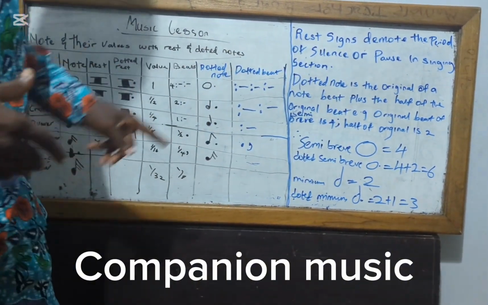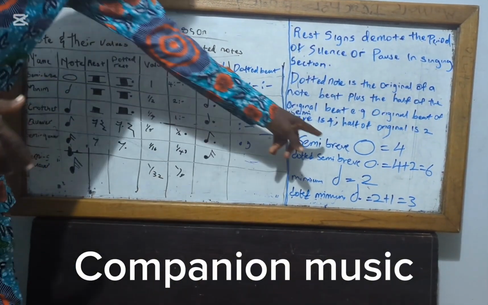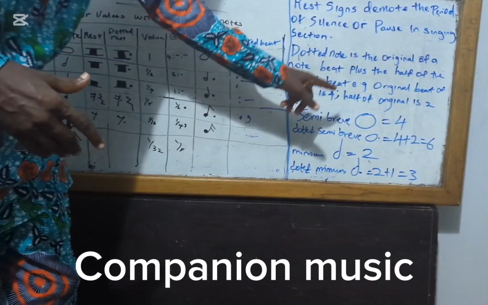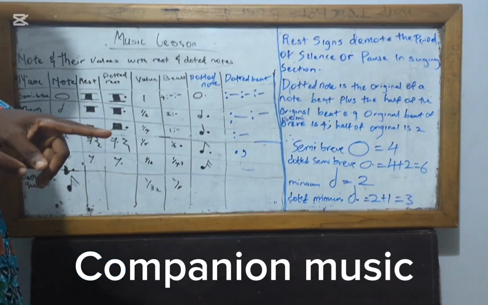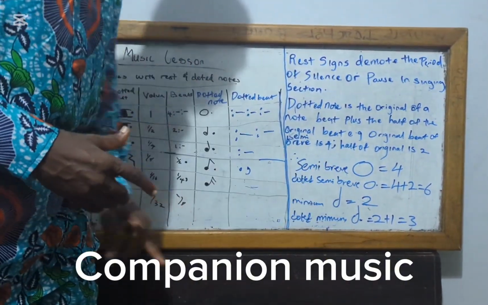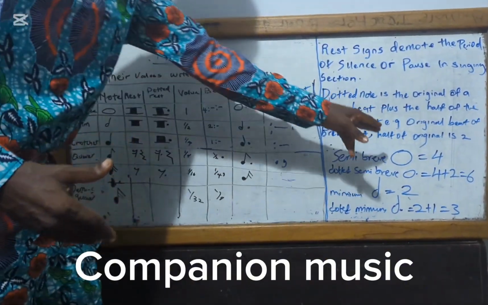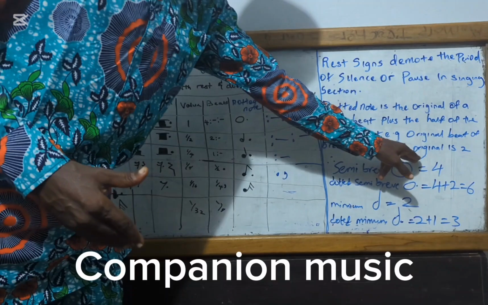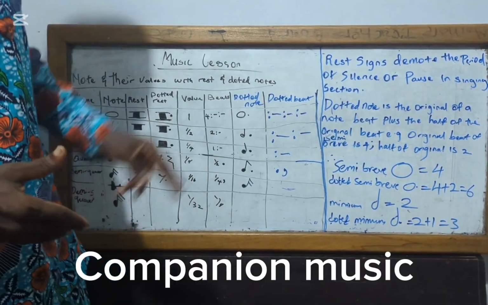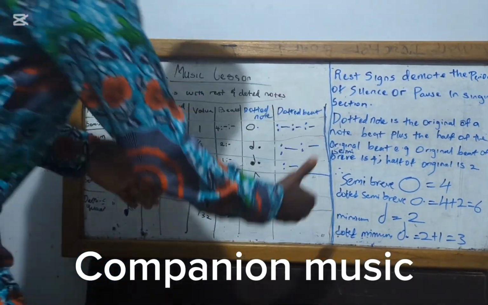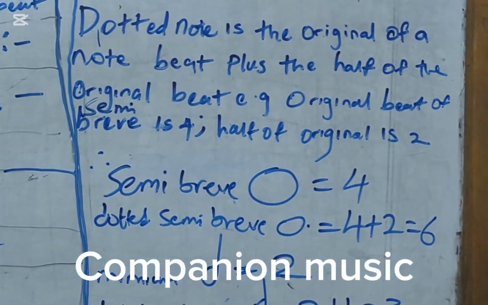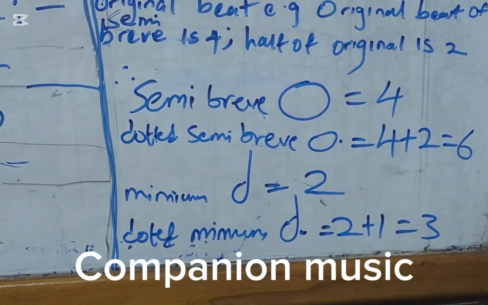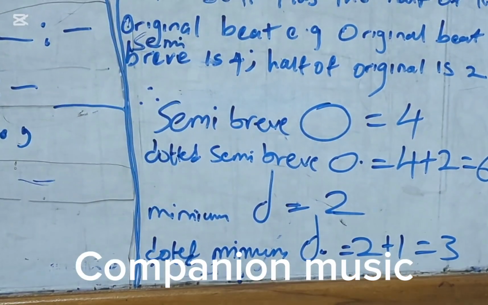For example, let us assume that we have a semibreve here. A semibreve is 4 beats. And when we have a dotted semibreve, the half of that 4 beats is 2. So when a semibreve is dotted, the original beat, which is 4, plus half of the original, which is 2, making 6, it will give you 6 beats.